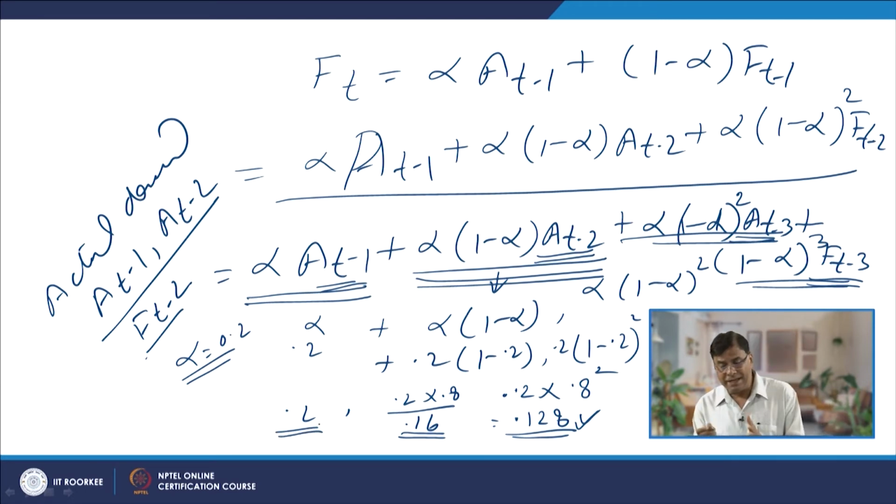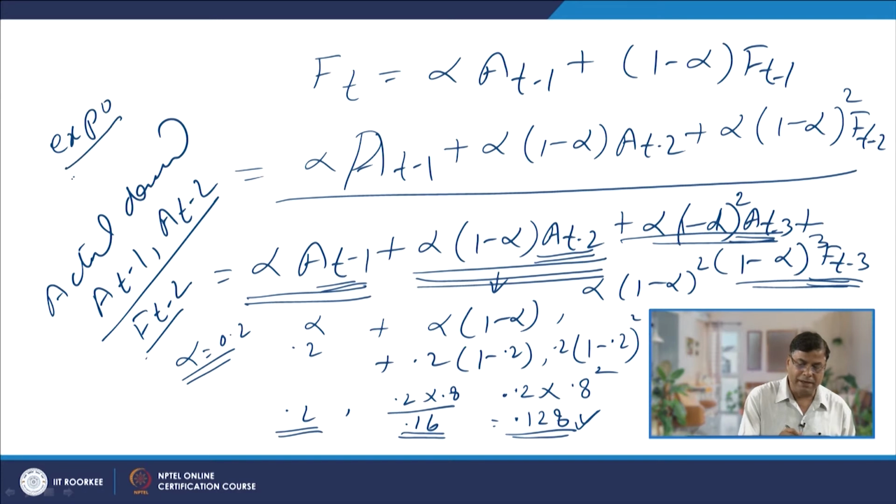So, the weightage given in this method to the previous periods' actual demand and forecast is reducing exponentially, and that is why this method is called the exponential smoothing method.